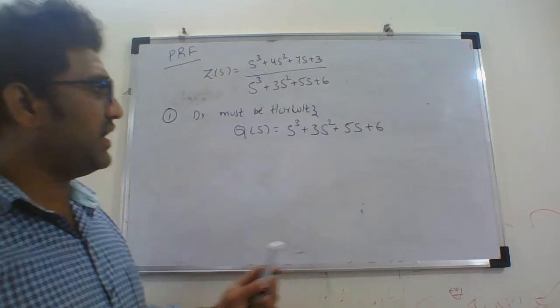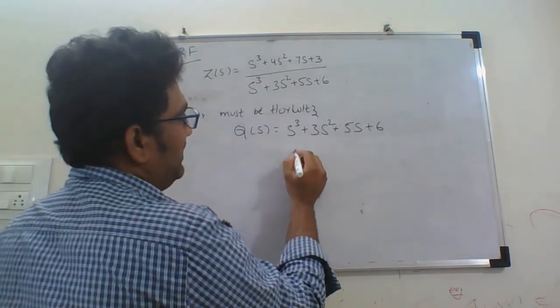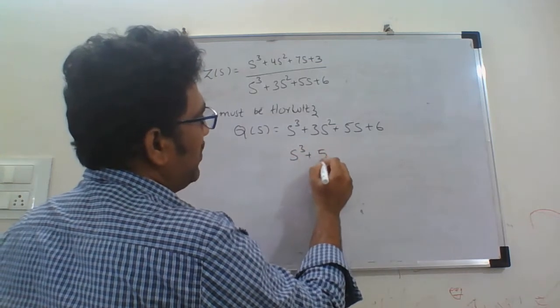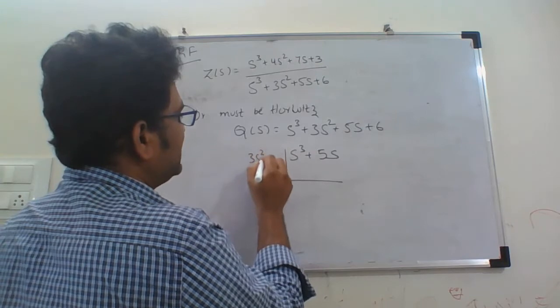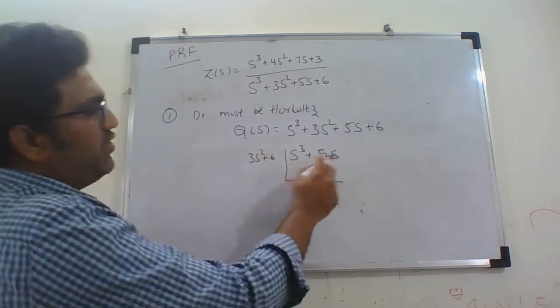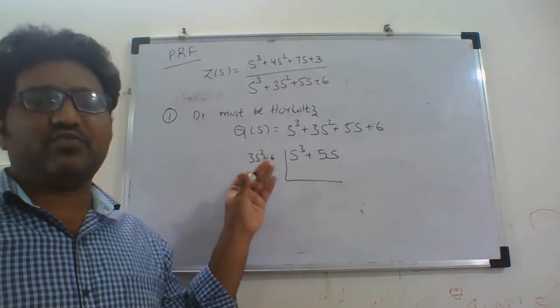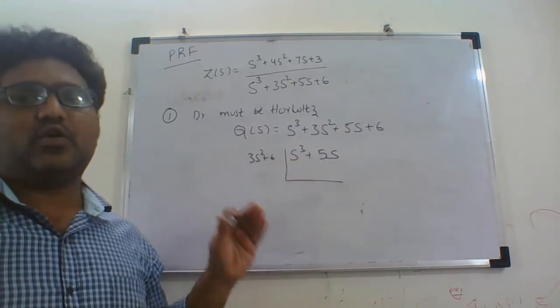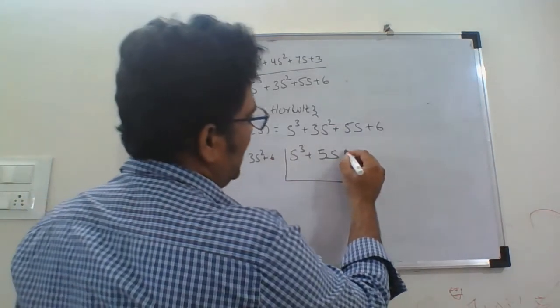The third condition is that when I divide this into two parts, an even polynomial and an odd polynomial, I get 3s square plus 6 as my even polynomial, and s cube plus 5s as my odd polynomial. Now when we perform the successive division of odd by even polynomials, the quotients should all be positive. Let us do this.